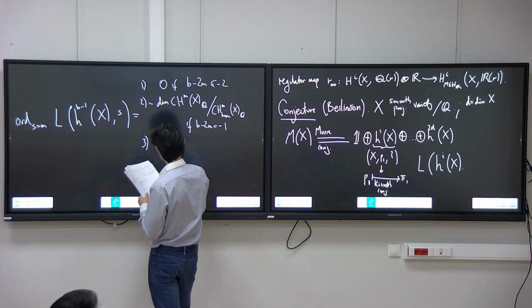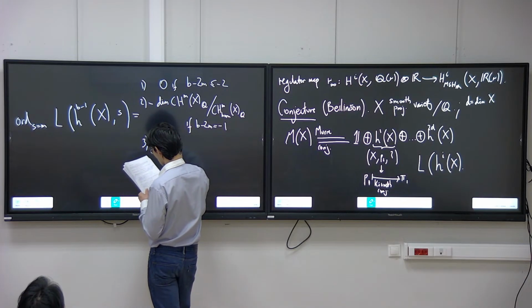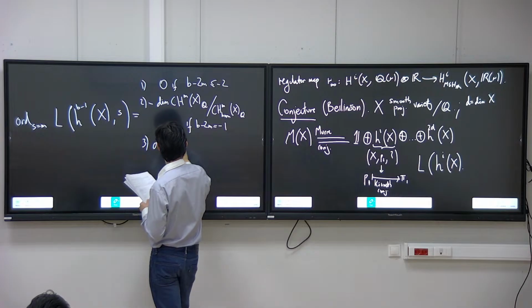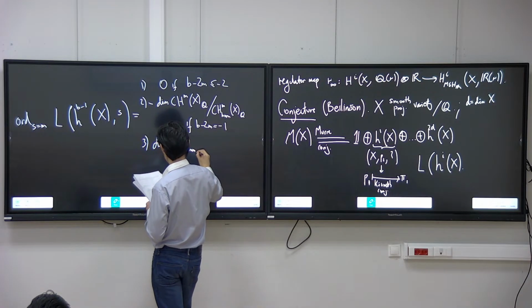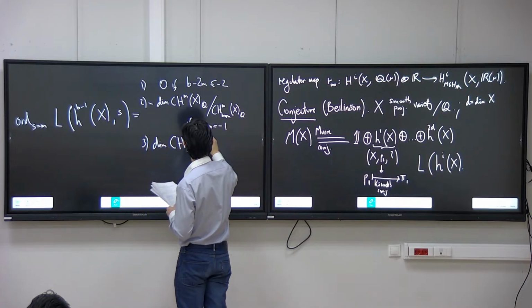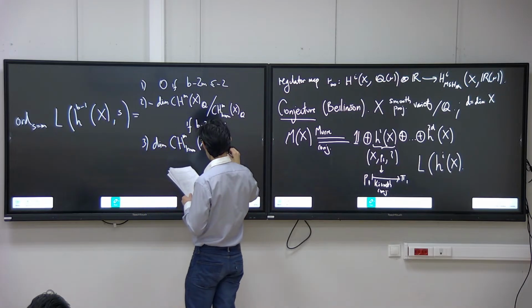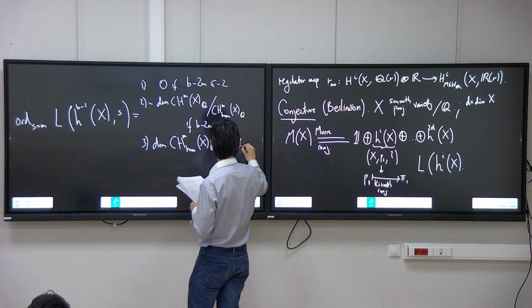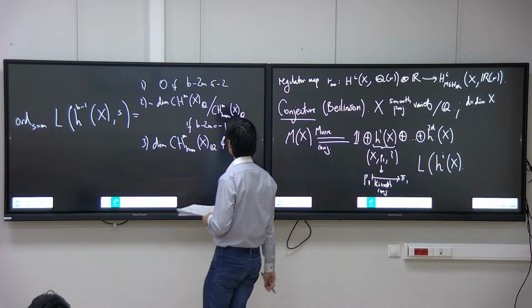It's equal to the dimension of just the homological equivalence class of X if b-2m is equal to 0.